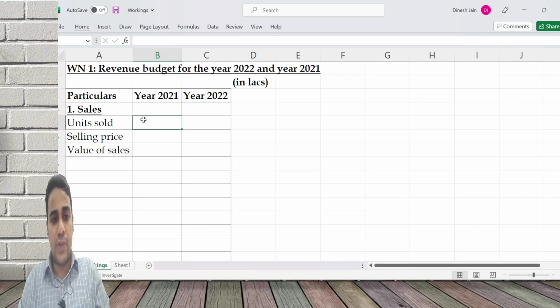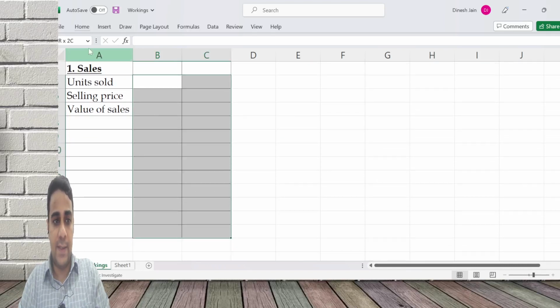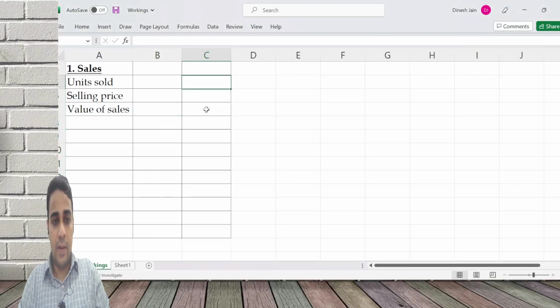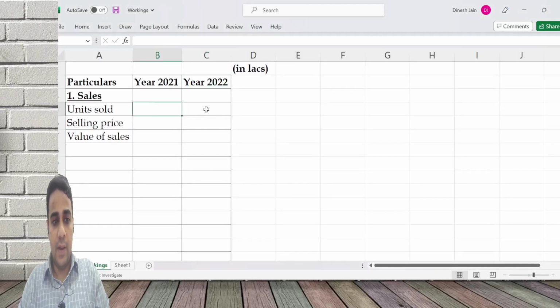How many units are sold in 2021? Please participate, friends. 4,20,000, right, 4.2 lakh.